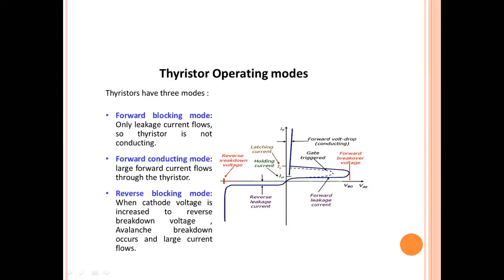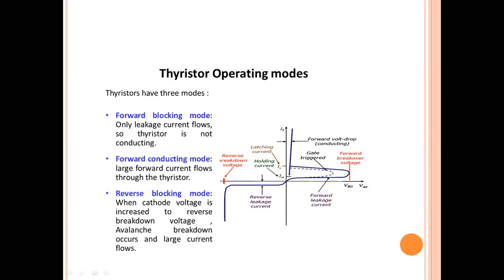Let me make one thing clear: as the current flowing from anode to cathode is not of the required magnitude, the device simply acts as in an off state, that is, in the blocking state.